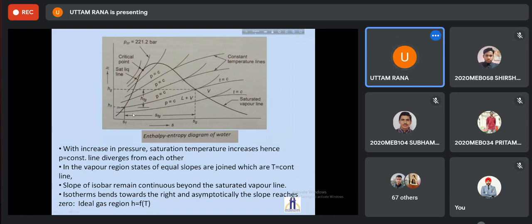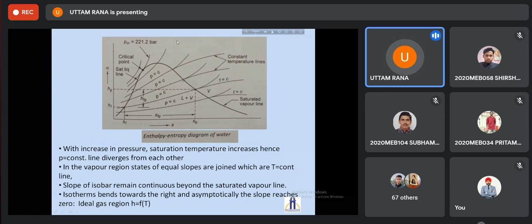Yes or no? These are basically the constant pressure lines. We have taken only the liquid to vapor transformation: liquid, vapor and superheated vapor. These are the three regions we have considered for water. And these lines correspond to constant pressure lines, which increase as you go in the upward direction. Now the basic nature of this curve is that the constant pressure lines are diverging.